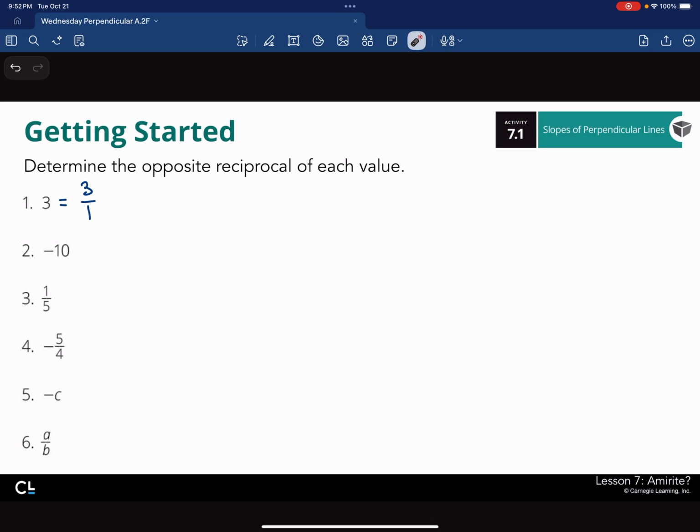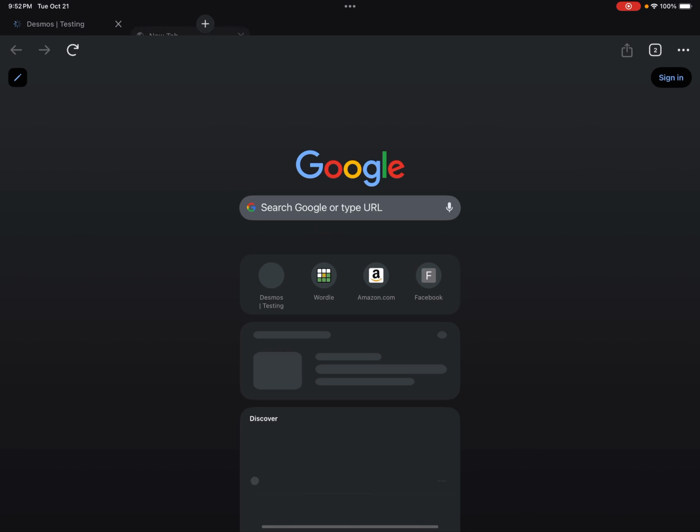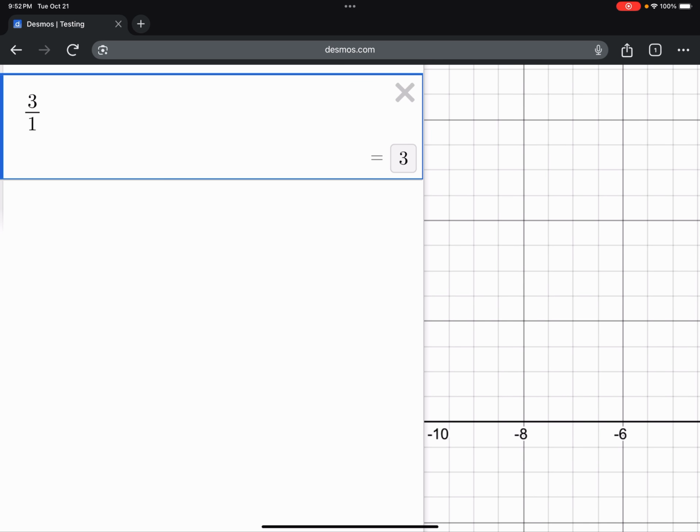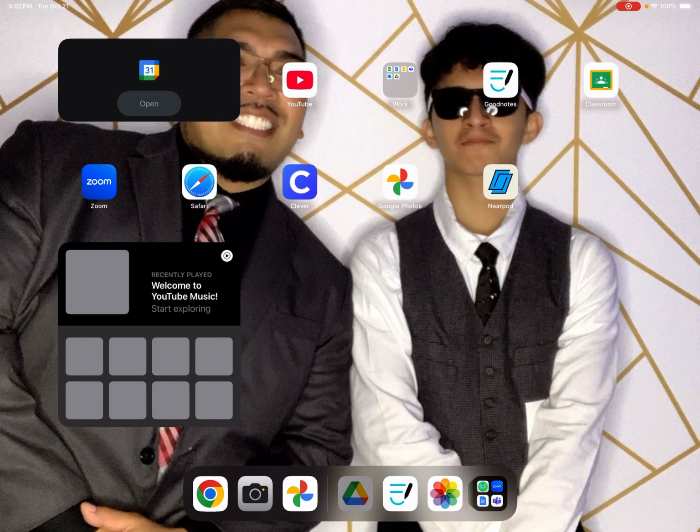And what does that mean, 3 over 1? Well, 3 over 1 means 3 divided by 1. And if we go to Desmos and we put that on Desmos, we're going to put it here so you can see the difference. So we have 3, and then 3 divided by 1. As you can see, 3 over 1 is the same thing as 3. All I did was make it a fraction.